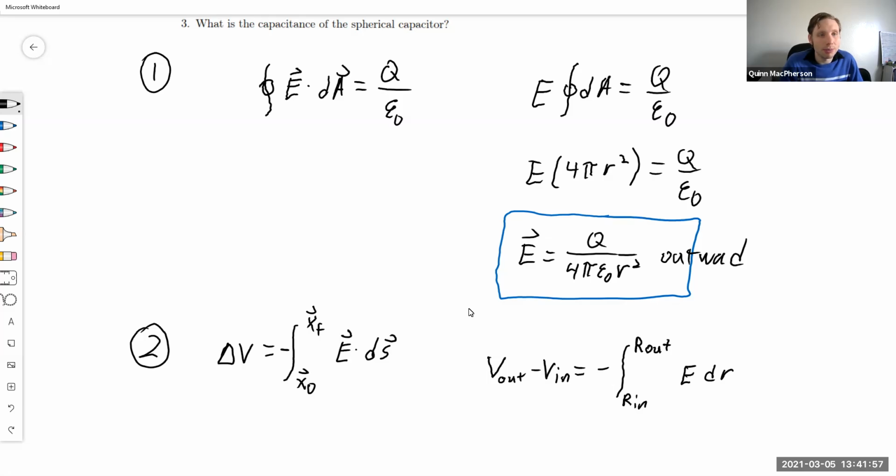So they point in the same direction. So the dot product gives you cosine of 0, which is 1. So that's good. We got E dr.